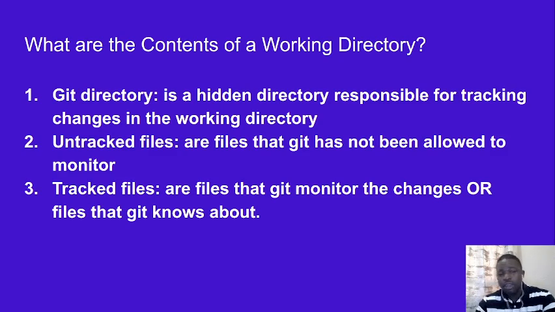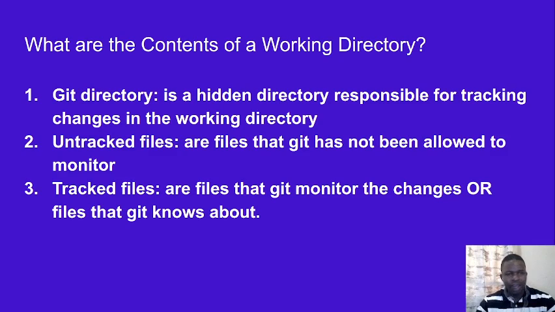The contents of a working directory are, one, the Git directory. This Git directory is a hidden directory which is responsible for tracking changes in the working directory. We have untracked files. Untracked files are files that you don't want Git to monitor the changes that will happen on them. You don't want those files to be pushed to your repository.